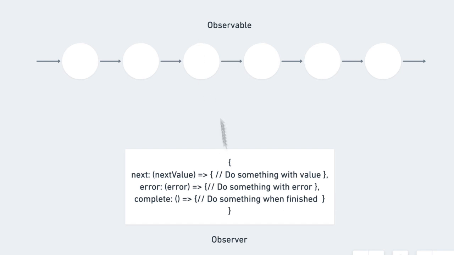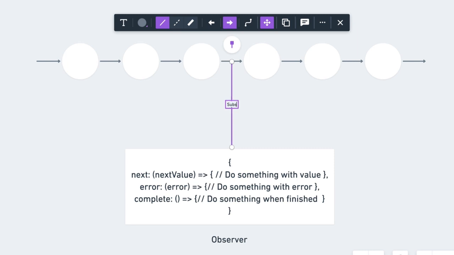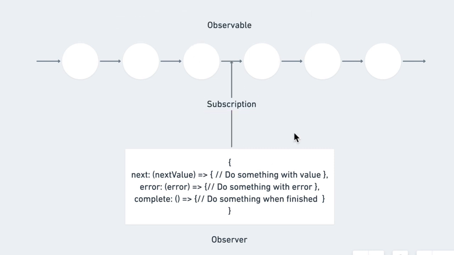And how this happens is through what's called a subscription. A subscription is essentially a way for us to tie our code, our observer, using what's called a listener.